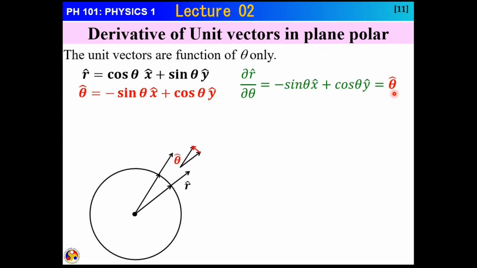Pictorially, if you want to know how it is happening, initially we are here, and then we vary theta by a small amount, let's say here, and this angle is extremely small, delta theta, and I want to find del r cap by del theta.